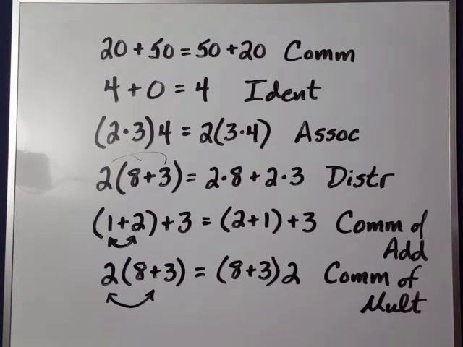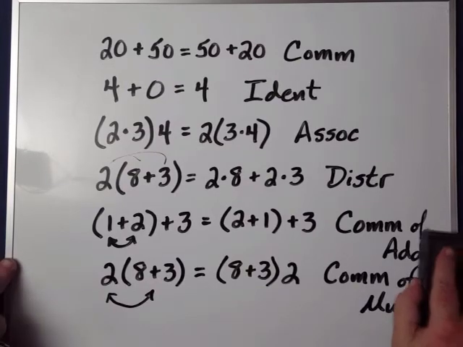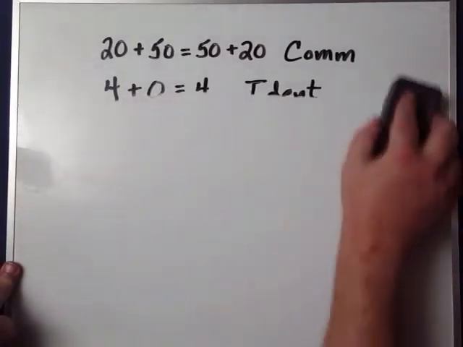Let's have a look at number 44. Now, listen very carefully. Numbers 43 through 53 on your homework are to be done mentally. You are not to write down any steps. The instructions here say find each sum or product.